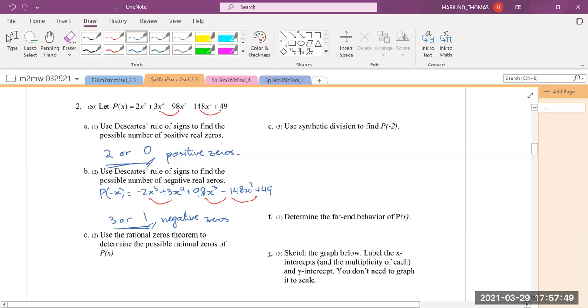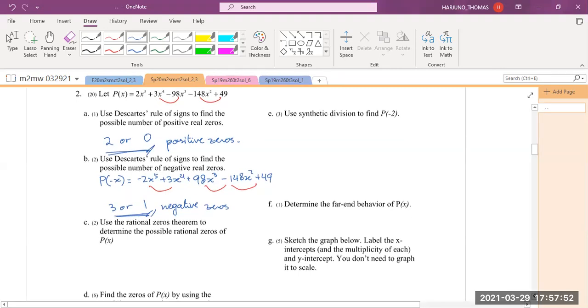Okay, now use the rational zero theorem to determine the possible rational zeros. So c will be plus or minus the factors of 49: 1, 7, 49. Yeah, 49 is 7 squared, right? So the factors must be a power of 7.